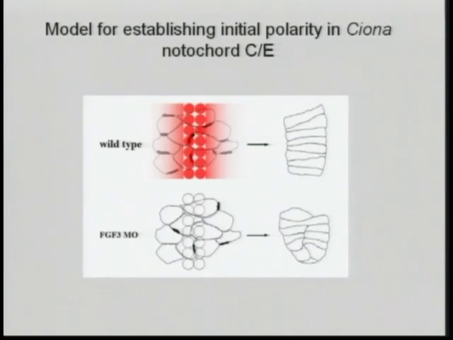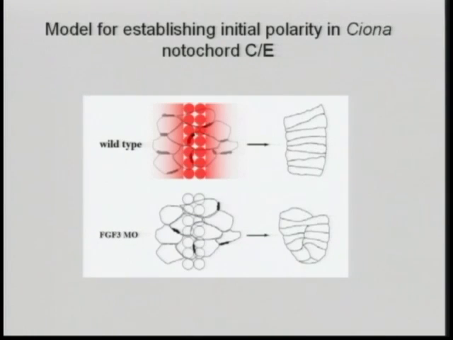This is the model that we have so far, based on the results I discussed. In wild type, you have a dorsal midline source of FGF3 gradient. This gradient diffuses and provides medial-lateral positional information, and that produces polarized actin protrusions. If you inhibit this gradient, then you get loss of these protrusions.